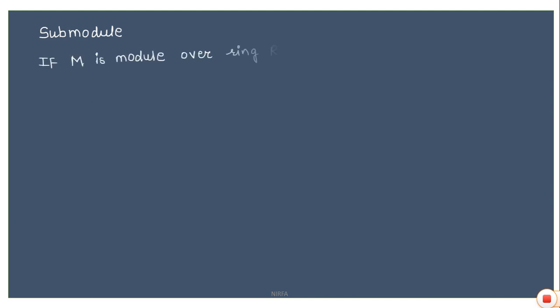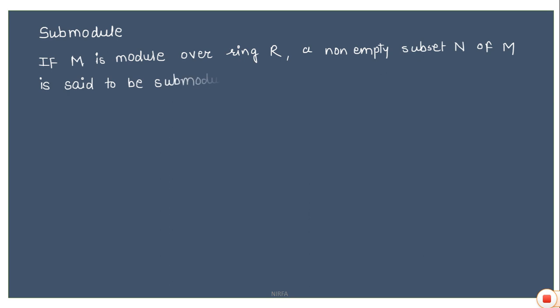If M is a module over the ring R, a non-empty subset N of M is said to be a submodule of module M over R if it satisfies some conditions.